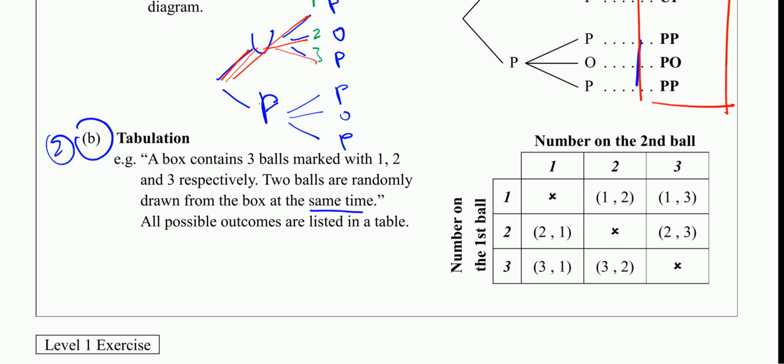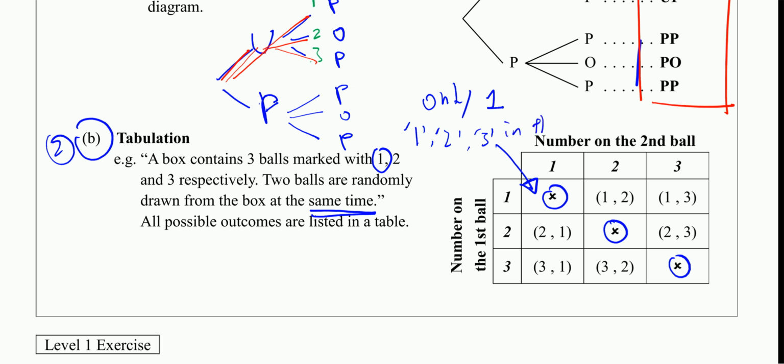Since all the things are drawn at the same time, the same number cannot appear in two boxes, since there is only 1, 2, and 3 in the box, so you can't draw 2, 1, 2 and 3 at the same time.